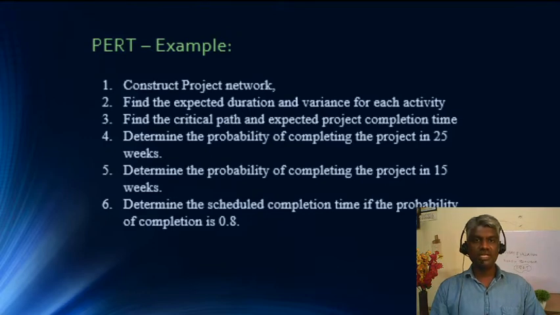Sixth, determine the scheduled completion time if the probability of completion is 0.8. So among the 6, the first 3 resemble a critical path method question. If we solve all 3 questions, we will get the solution for a critical path network. Whereas 4, 5, 6 are special to PERT. That is what we are going to discuss in this particular video.